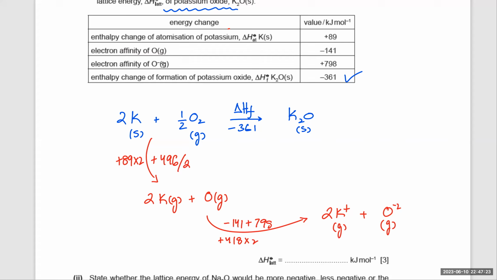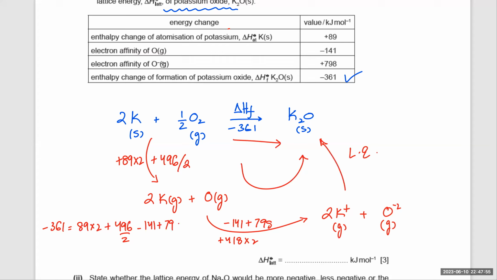Finally, the gaseous ions form the lattice, so that's your lattice energy. And you just have to solve for lattice energy. How do you solve for this? One path is equal to the other. So -361 is equal to all of this other stuff, which is 89 times 2, 496 divided by 2, minus 141 plus 798, plus 418 times 2, plus lattice energy.